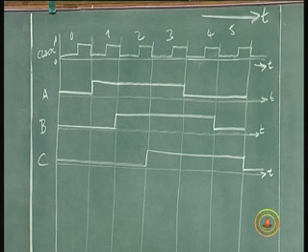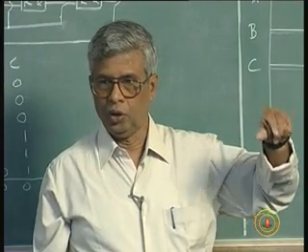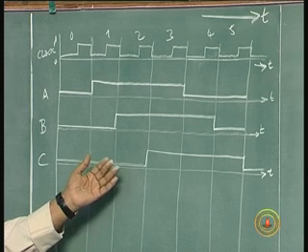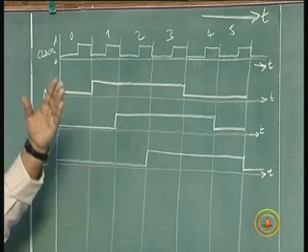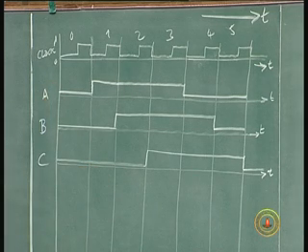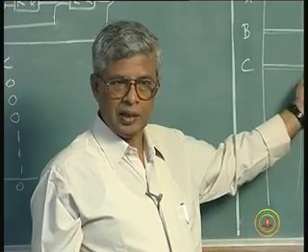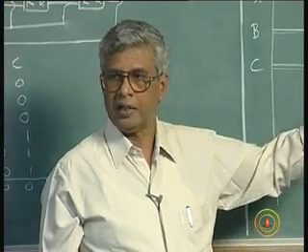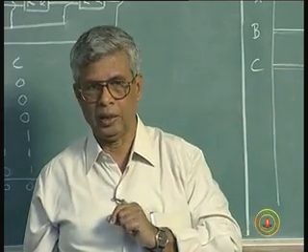With 4 flip flops it will become 8. So, the period of this clock is n times the period of the original clock, where n is twice the number of flip flops. So, I should say 2n. The period of this clock is 2n times the period of the original clock, where n is the number of flip flops that are used for this.